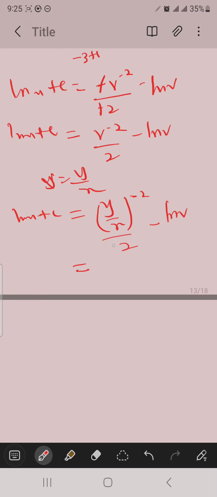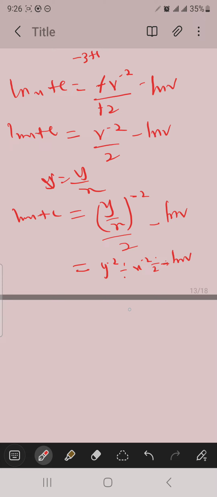So this is 1 over y over x, divided by 2. That's what it means. Originally this is supposed to be y raised to minus 2 divided by x raised to minus 2, divided by 2, minus ln v.